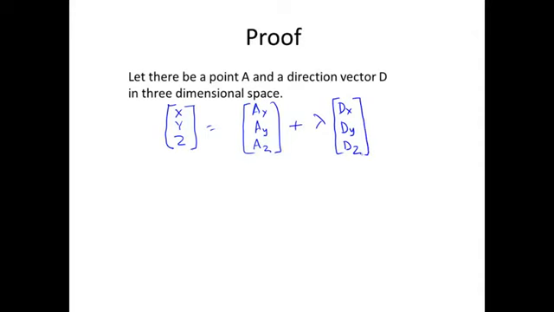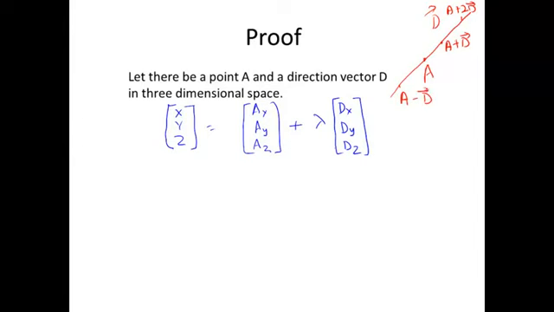Let me draw a picture here. Suppose we have some point A, and then we consider some line going through it, and the direction of this line is D, and so we'll get a point here which is A plus D, and then there might be a point here which is A plus 2D, and there might be a point here which is A minus D, and so on.